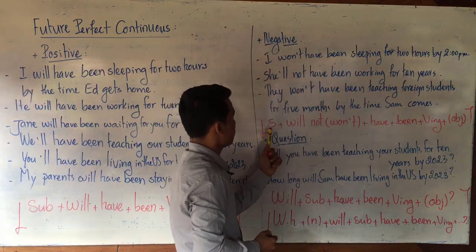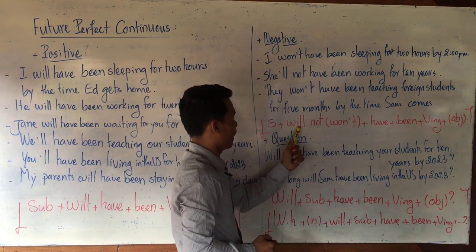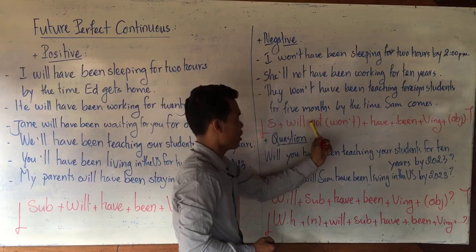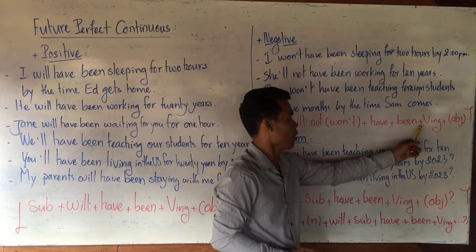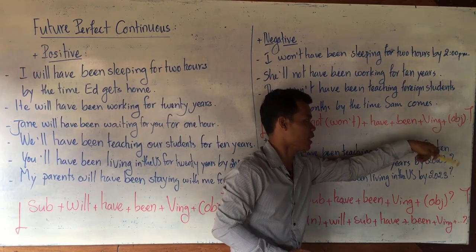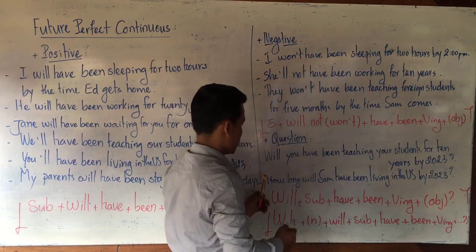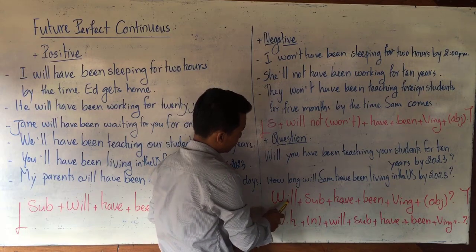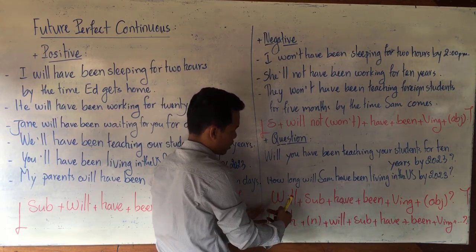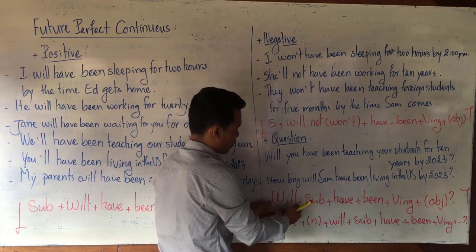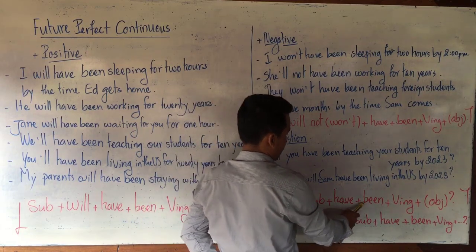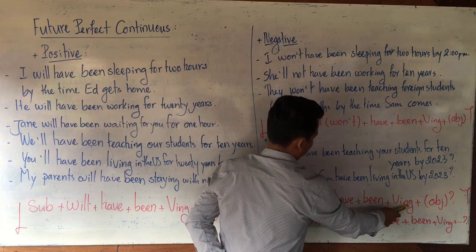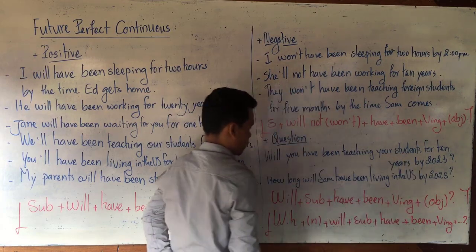Negative, we have subject plus will not, the short form of will not is won't, plus have plus been plus verb-ing plus object in brackets. It is optional. Yes/no question, we have will inverted. It comes before the subject. We have will plus subject plus have plus been plus verb-ing plus object in brackets.